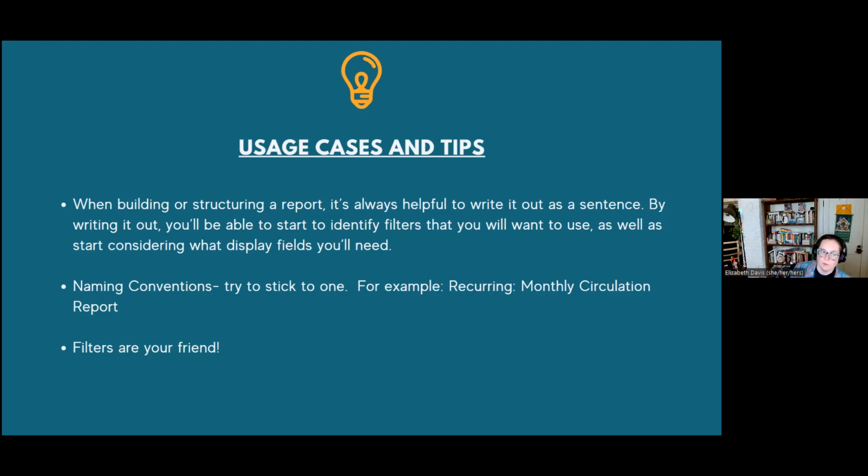And then think about a little bit more granularity if you need it. Do you need to know if it was renewed or not? If it was renewed, do you need to know if it was automatically renewed or initiated by staff? Things like that will help narrow down your filters and your display fields.